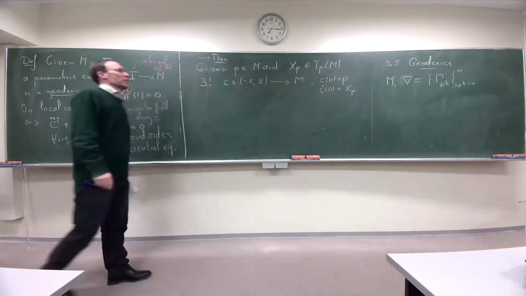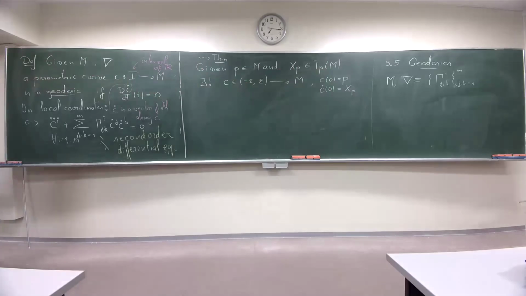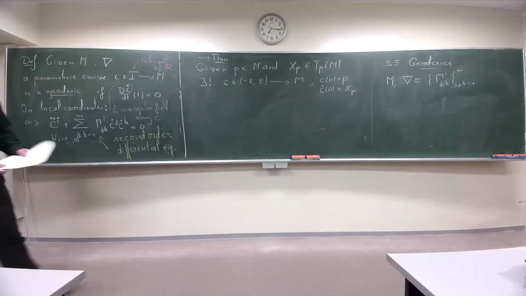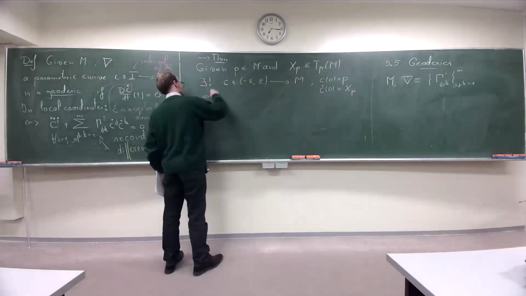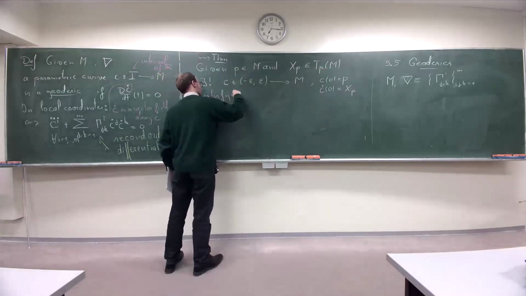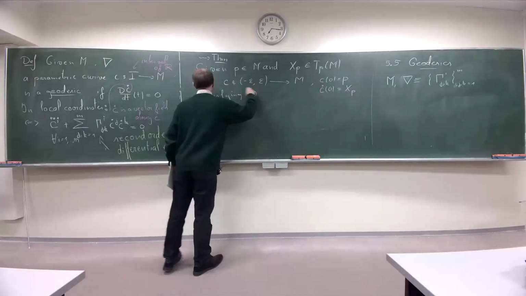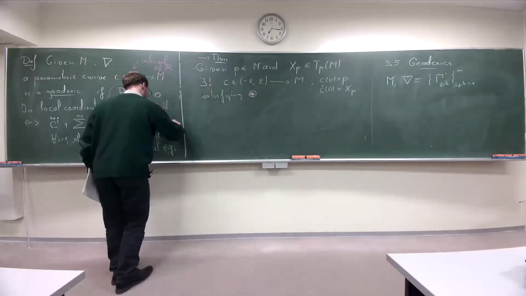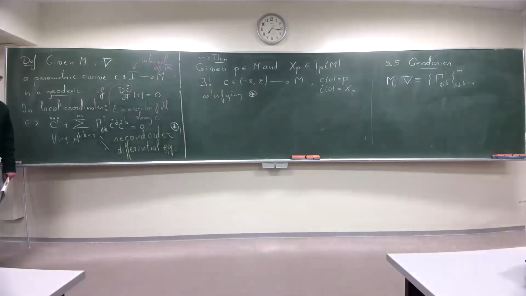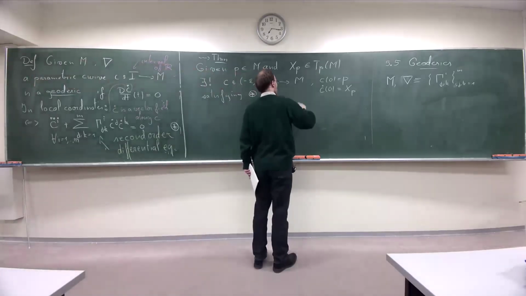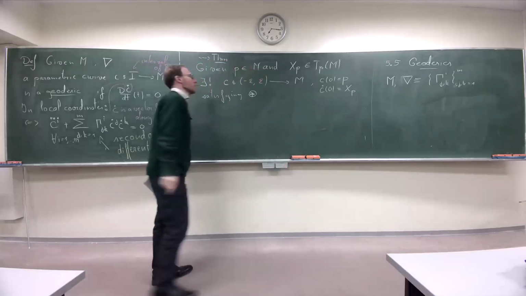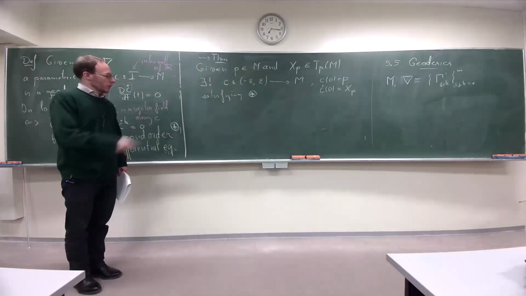So there is a theorem for existence for second order differential equations, which tells you that on a small interval there exists a solution. Given an initial condition which consists of a point and a vector in the tangent space, there exists a unique curve which is a geodesic.